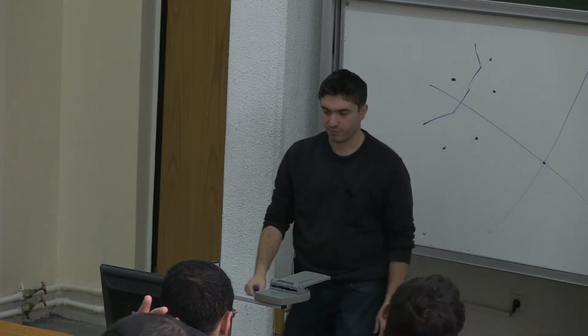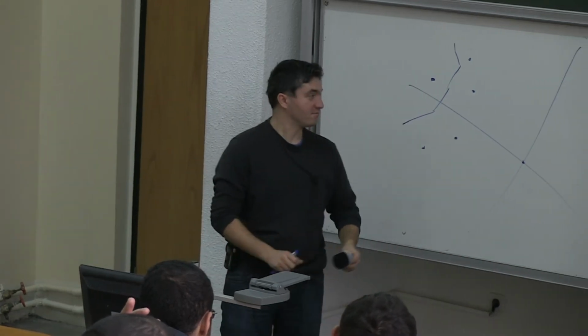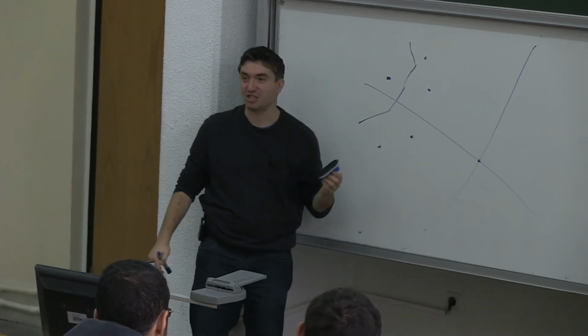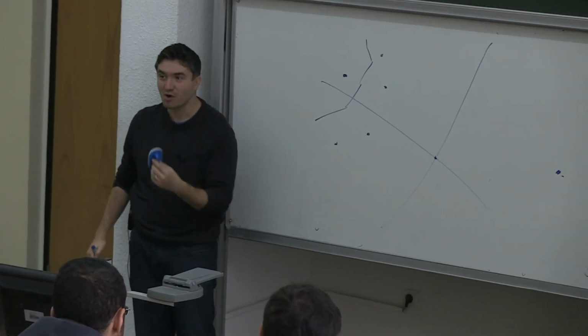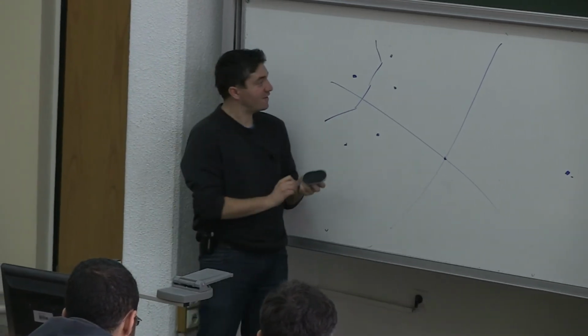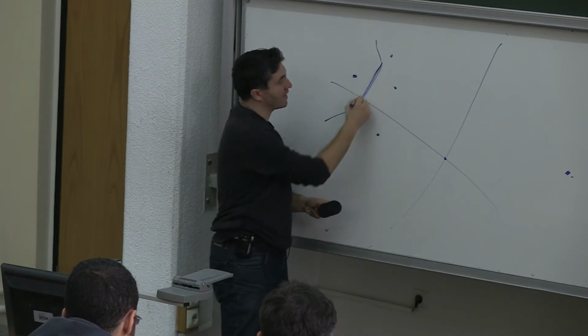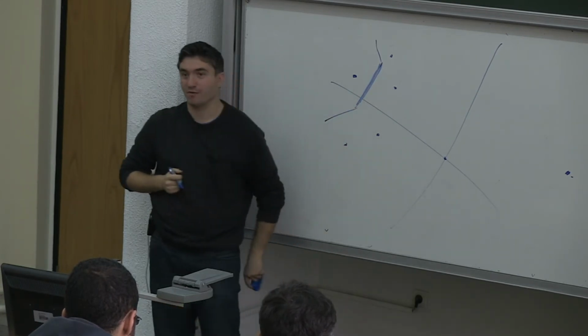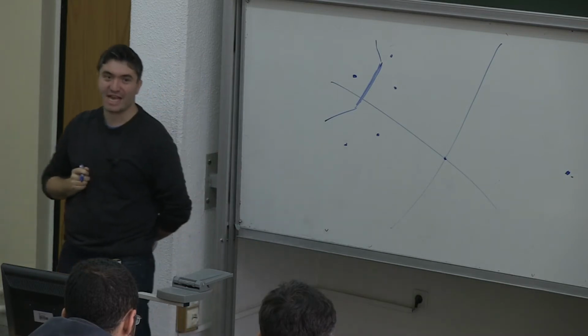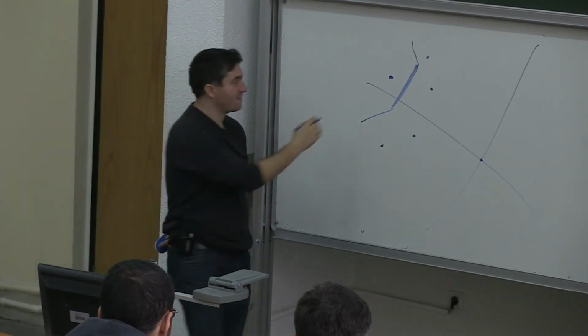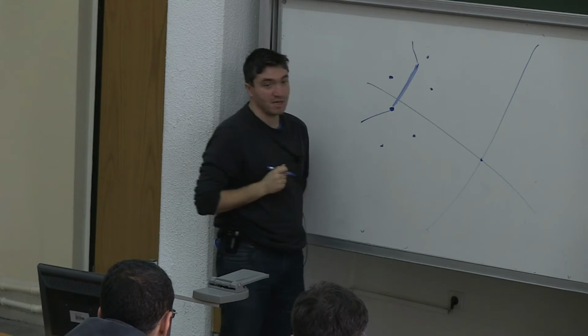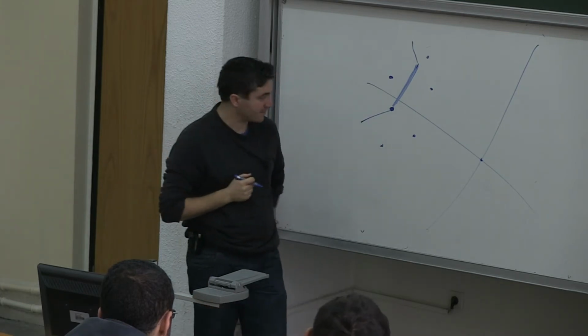So what are the vertices and edges of this diagram? What are some properties? If we have an edge in a Voronoi diagram, is there a certain property that this edge satisfies? Or if we have a vertex of the Voronoi diagram, is there a property that it satisfies?